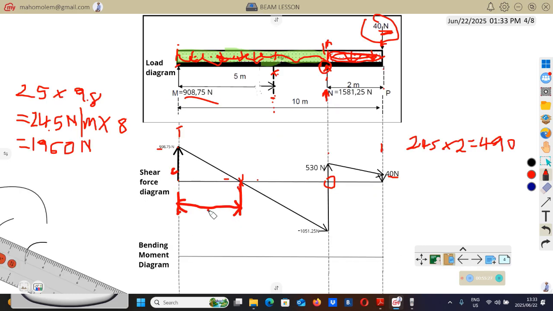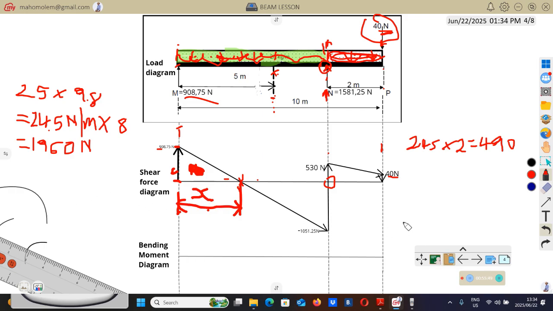Right, so to find this distance here, you can see that we have a triangle here. Then this is the height of this triangle. So you'll take the magnitude of this height. Let's say this distance is x.